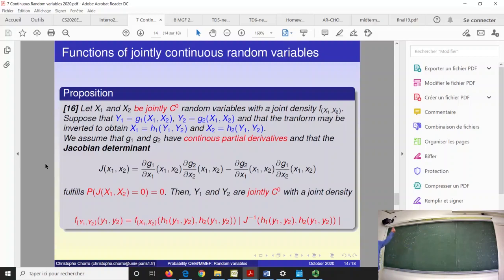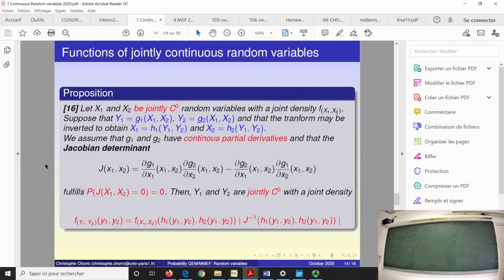It's important to have this in mind because at one time I will have to invert something. If I say nothing about the set of definition and the set of possible values, I will have some problem in order to invert, for sure. So here it means that my set of definition for X and Y is R plus star times R plus star, because the set of possible values for the random variables are the strictly positive real numbers.